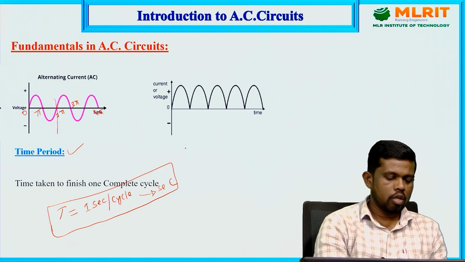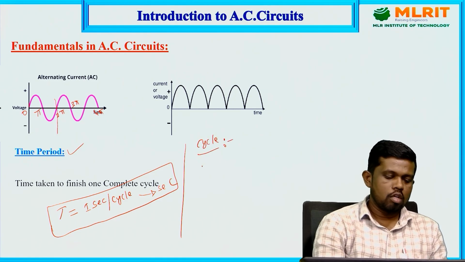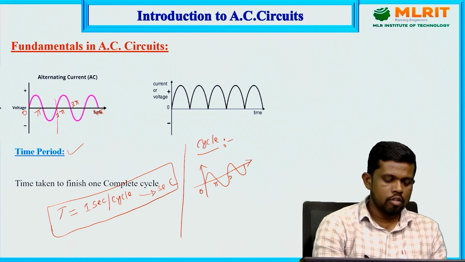In AC circuits, that is the cycle. Let us take an alternating signal, a sinusoidal signal. It is 0, pi, 2 pi.